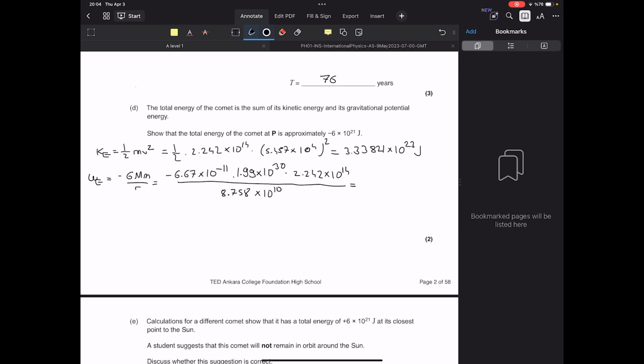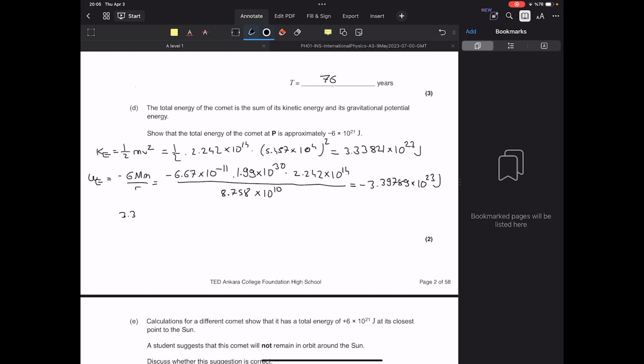That gives us negative 3.39789 times 10 to the 23 joules.